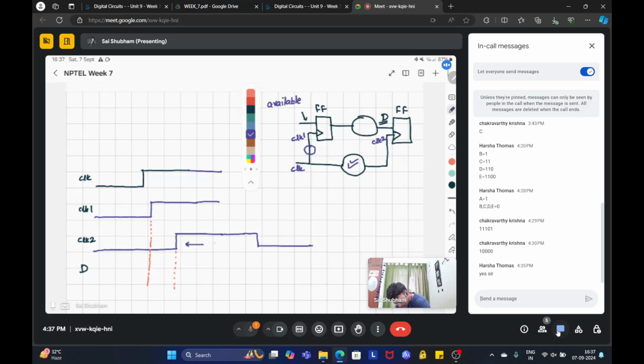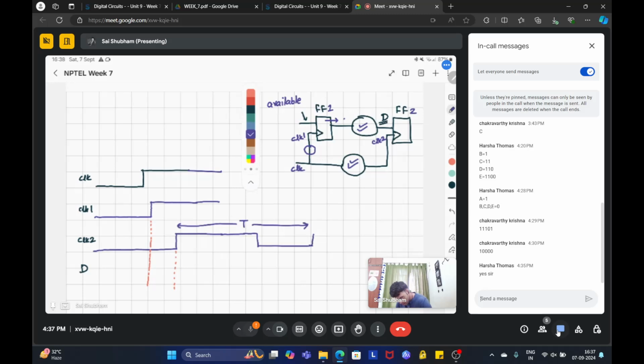It will have some time period T. The condition with data D is that it comes from flop 1 and it has to go through a combinational block and then go to flop 2.